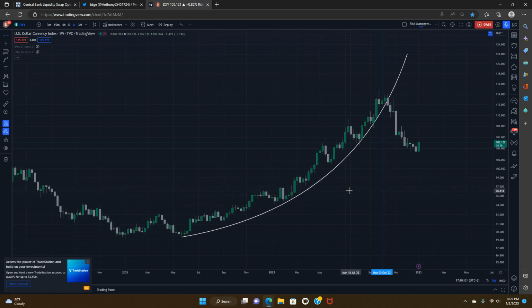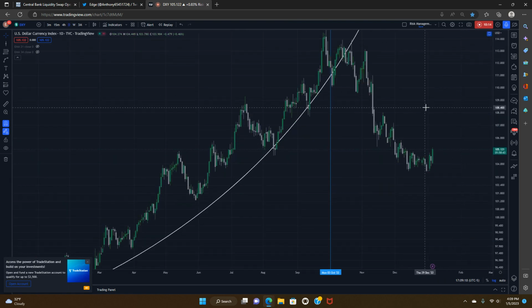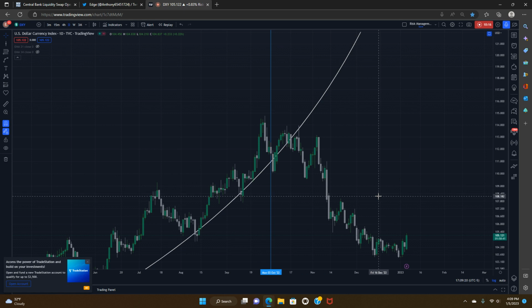Now, you don't necessarily need central bank liquidity swap operations for a parabola to break. Every parabola blows off eventually, right? It can't continue its run exponentially indefinitely. But this is interesting nonetheless. And I think sometimes things like this happen and we don't realize it until hindsight.